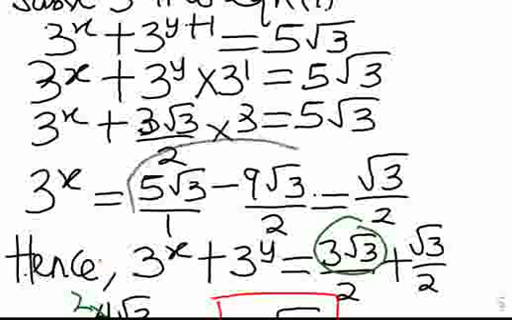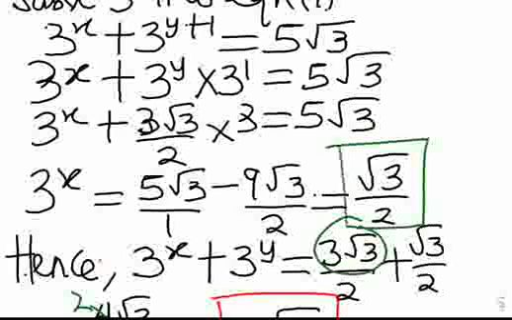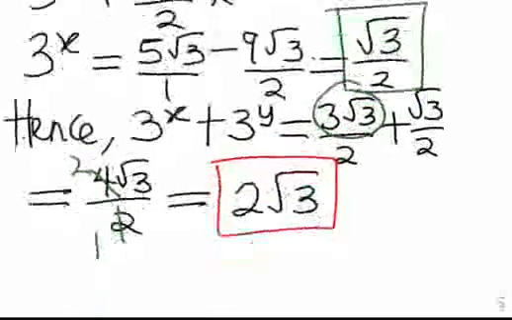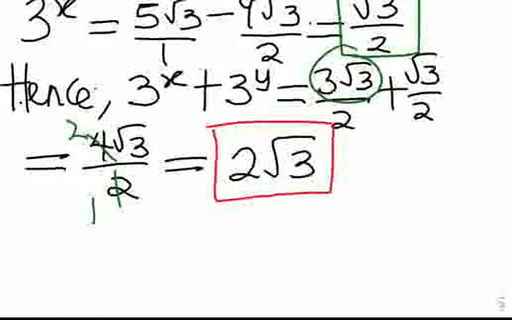Now if you simplify this side, find your LCM and then subtract, the whole of this is root 3 over 2. So the value for 3 raised to the power x has been obtained as root 3 over 2. Now, to finish up, to find the value of 3 raised to the power x plus 3 raised to the power y, I added the two answers together.